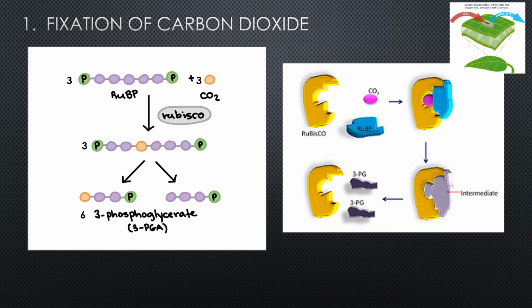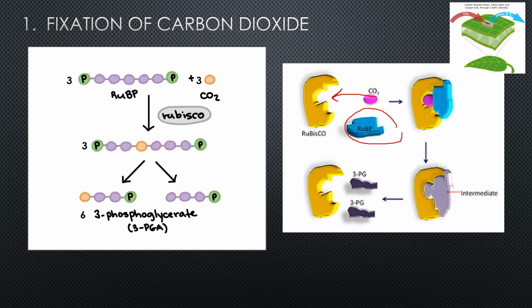So we have our carbon dioxide, and carbon dioxide is going to combine with a 5-carbon molecule, and that is our ribulose 1,5-bisphosphate, or RuBP. And the enzyme that catalyzes this reaction is called RuBP carboxylase, or what most people call it for short is Rubisco.